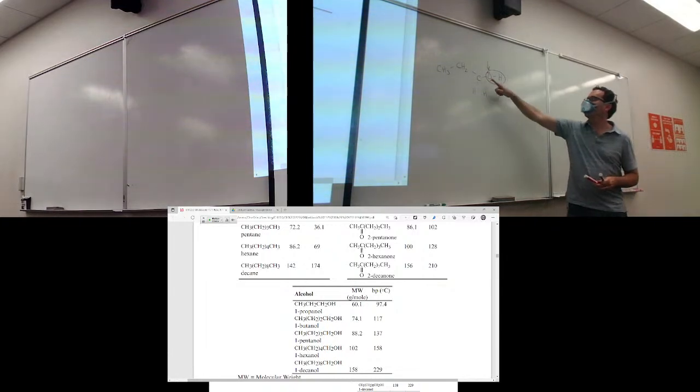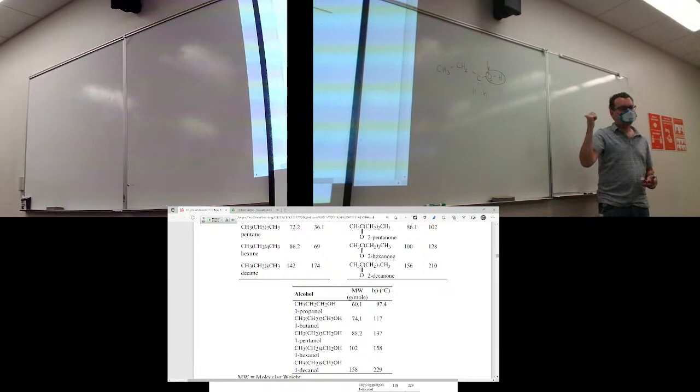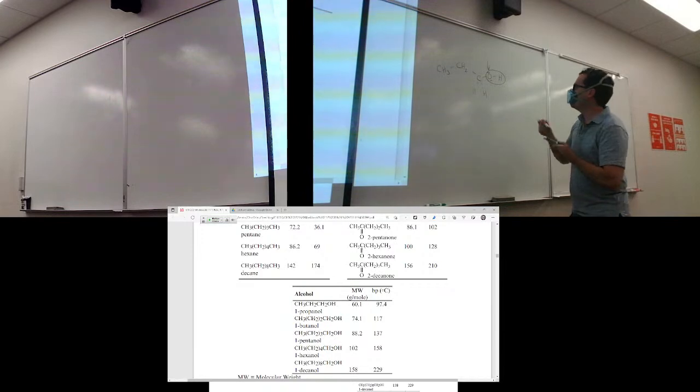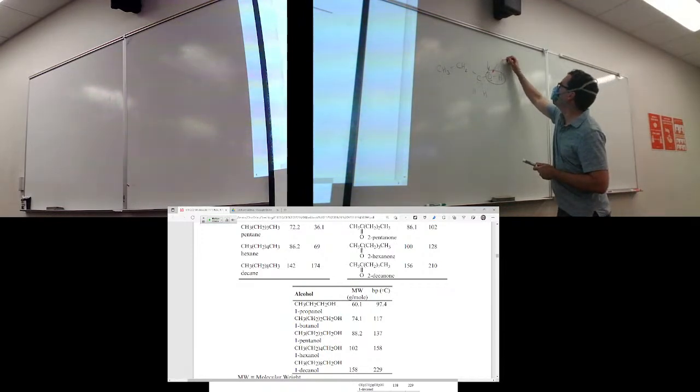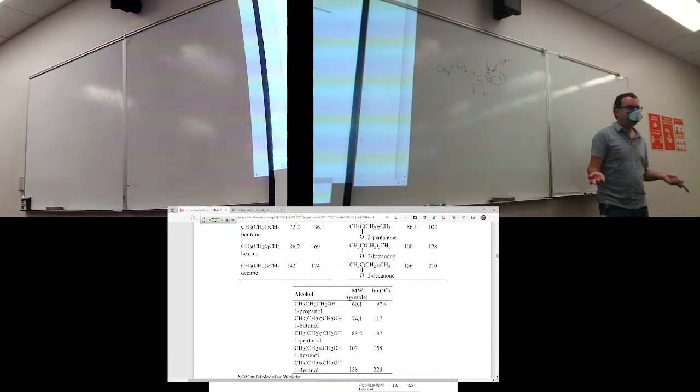And so there are 1, 2, 3, 4 groups of electrons around that oxygen. This oxygen has tetrahedral electron geometry. But if you just look at the atoms, it's a bent shape. But that tetrahedral electron geometry means that all of the bond angles here are approximately 109 degrees, 109.5. It's not going to be exactly 109.